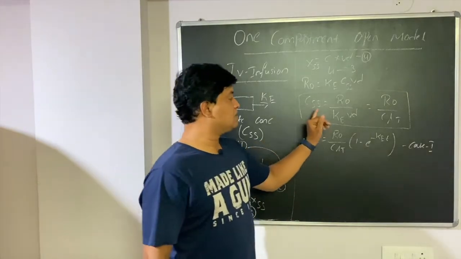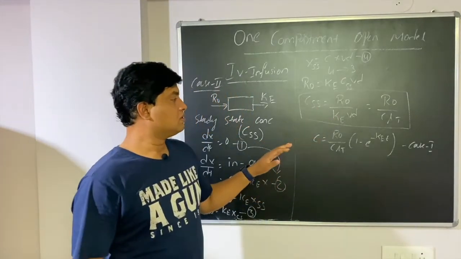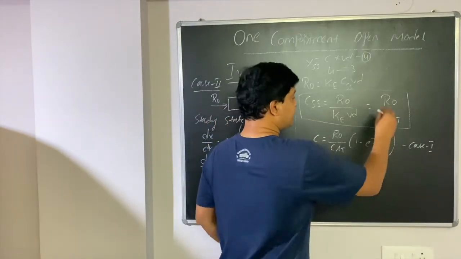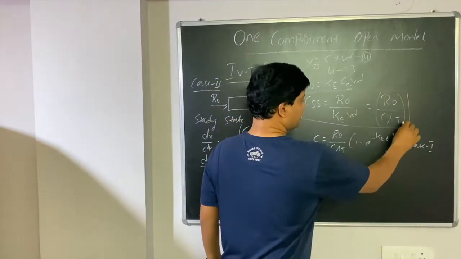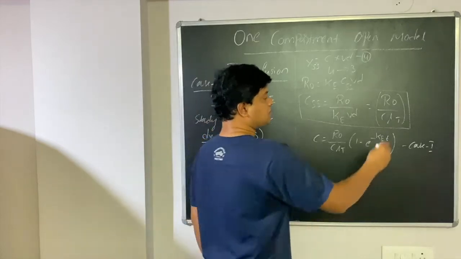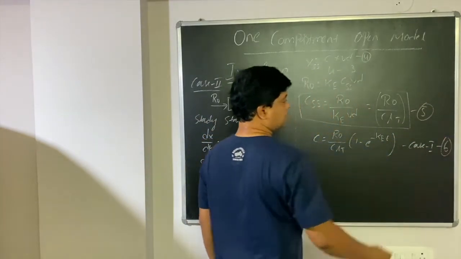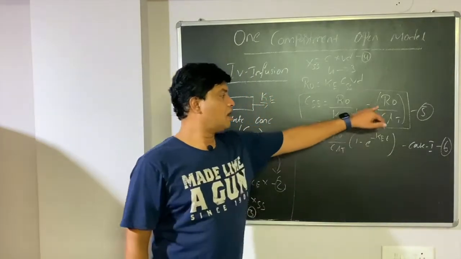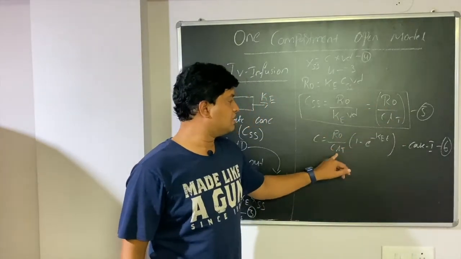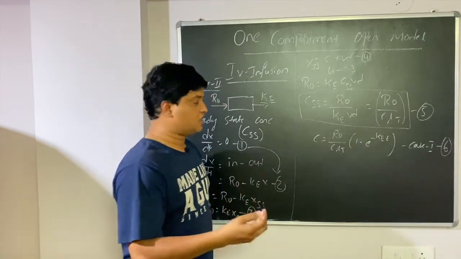Case 2 is your steady state. Assume this is equation 5 and this is equation 6. Substitute 5 in 6. Wherever R naught by CLT is there, you substitute it as steady state concentration.